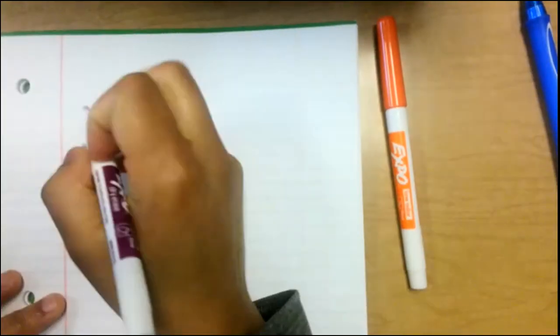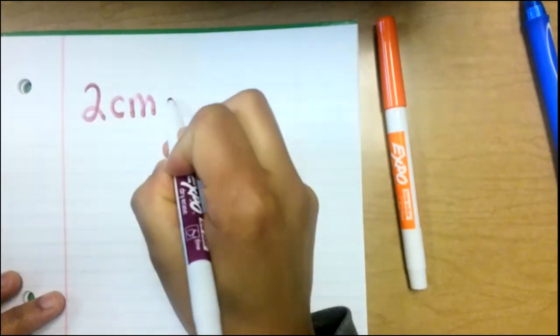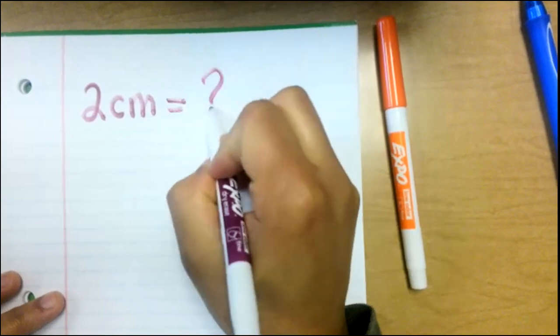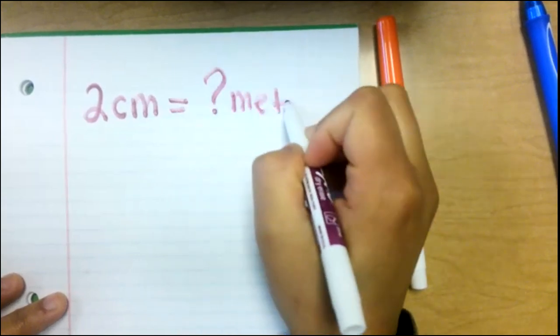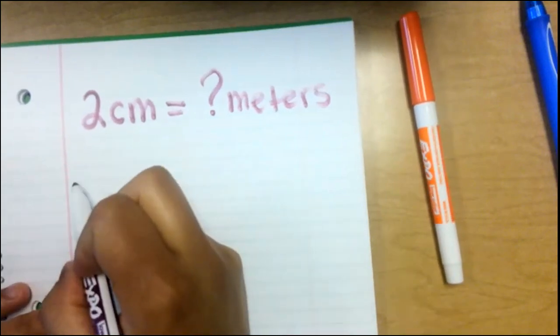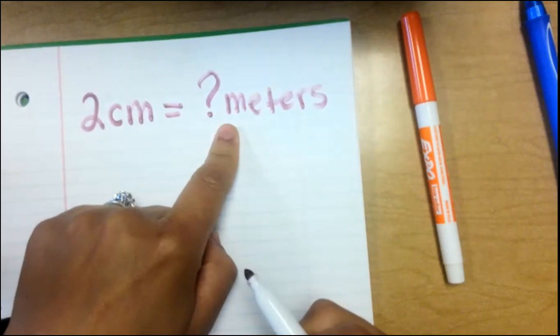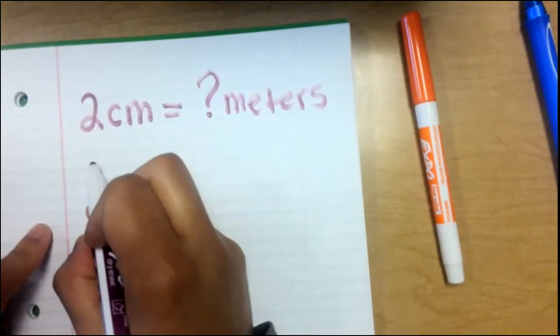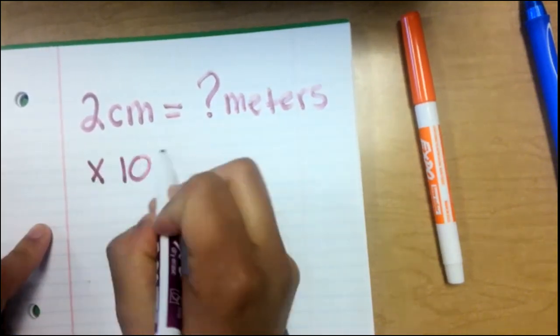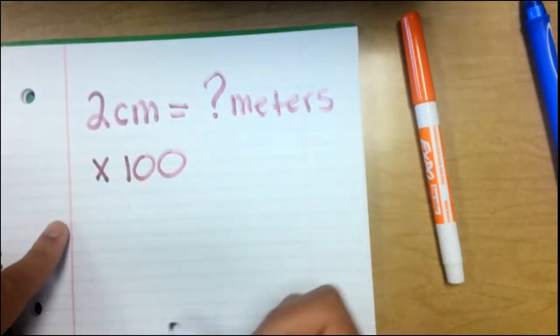We have 2 centimeters and we're trying to figure out how many meters. I know that to go from centimeters to meters, I have to multiply by 100 because there are 100 centimeters in 1 meter.